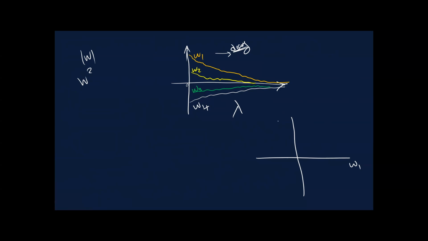So this is between W1 and W2, and it will actually be 3D because we also have the cost. We have the minimum cost here and different values around it. We start from a random point and navigate until we reach this global minimum.